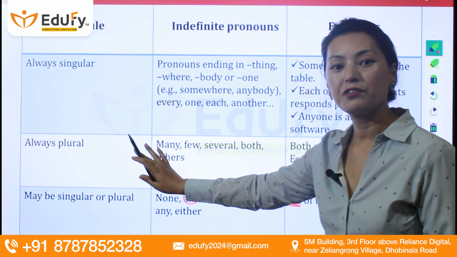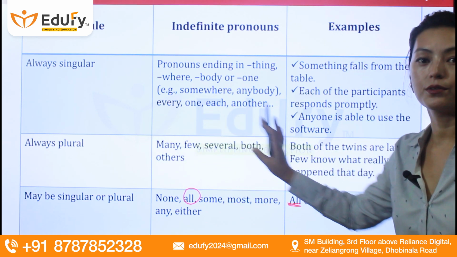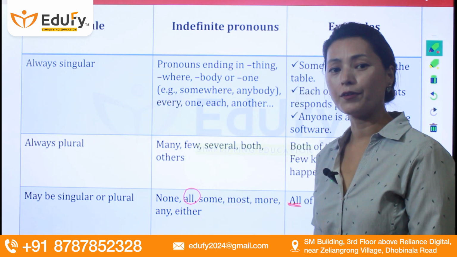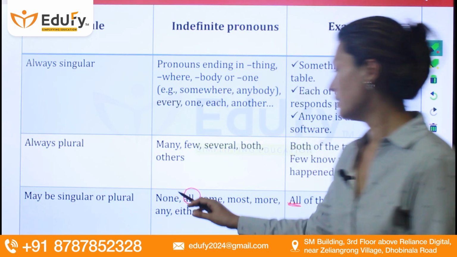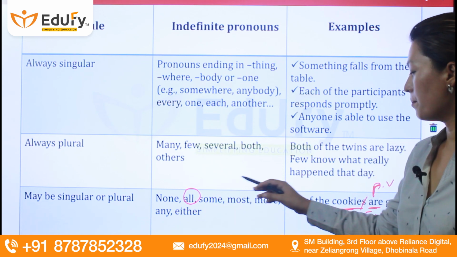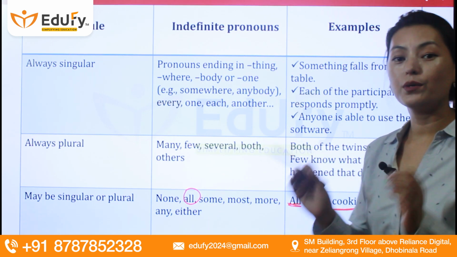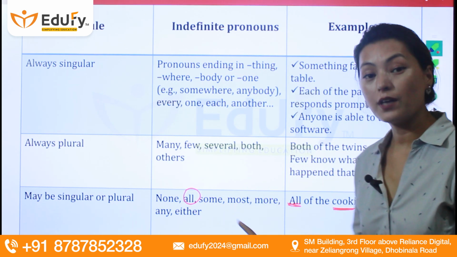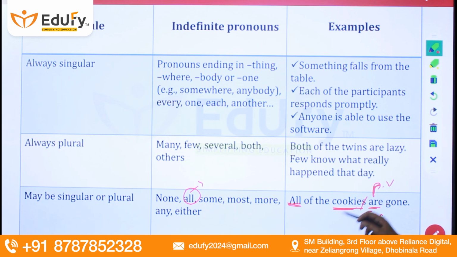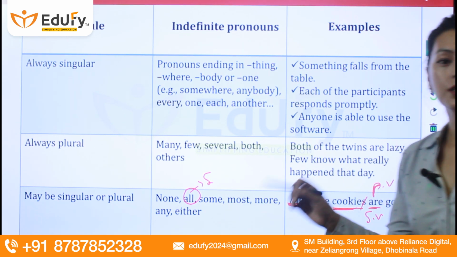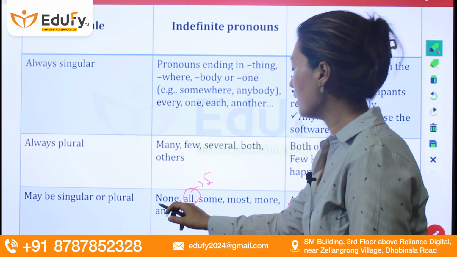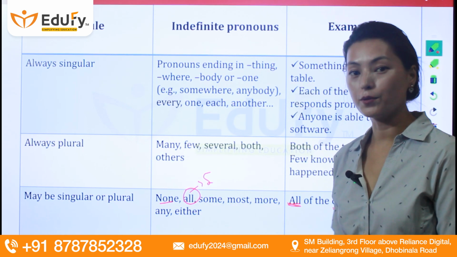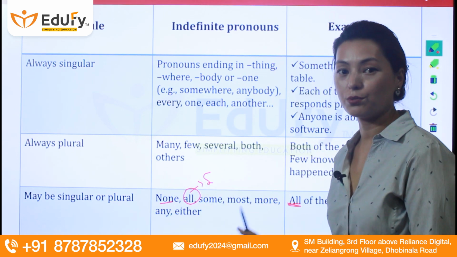Next, if we have indefinite pronouns like many, few, several, both, or others, then we will consider them plural indefinite pronouns. Next, if we have words such as none, all, some, most, more, any, either, we will consider them according to the item that they are referring to. If the item is singular in nature, then the verb will also be singular. But if the item they're referring to is plural in nature, then the verb will also become plural. That is in the case of these words and not others.